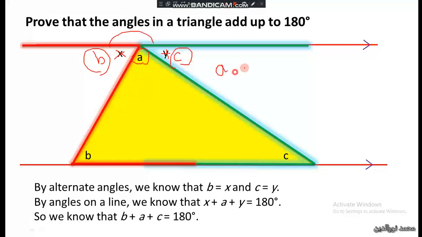So A plus B plus C, their sum equals 180 degrees.